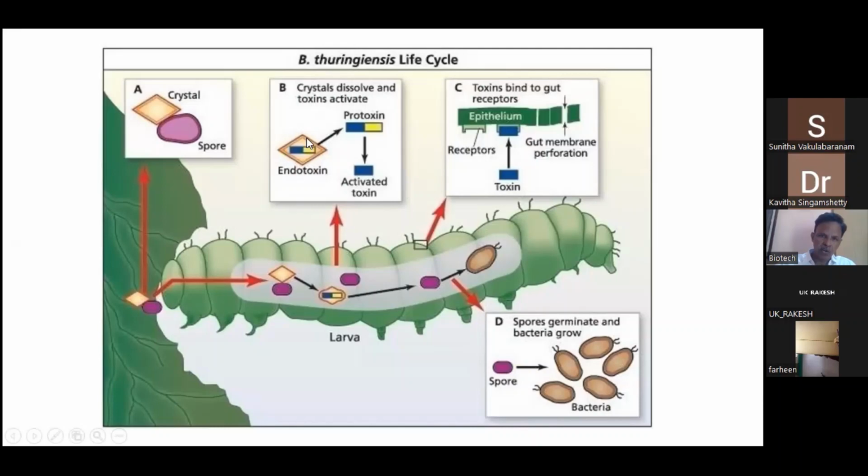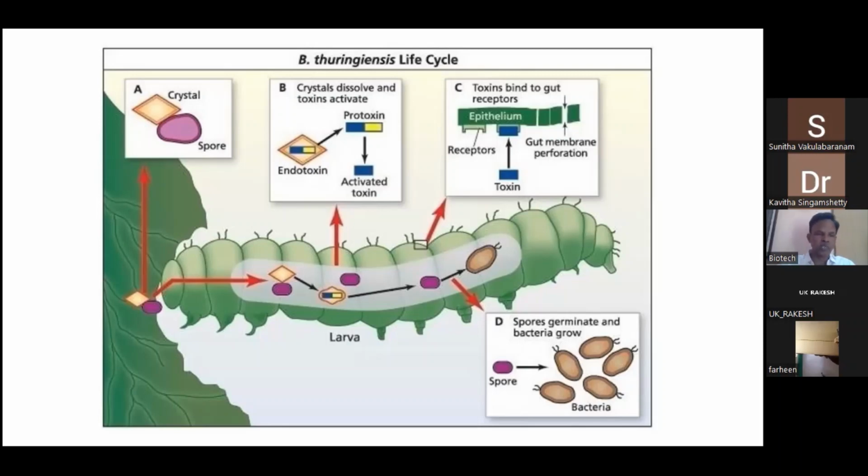Usually it is called endotoxin. This endotoxin becomes prototoxin. Prototoxin becomes activated toxin, and activated toxin will create a pore, a puncture, a perforation into the epithelial cell, epithelial layer. As a result, the insect larva dies. So this is the mechanism that is being used.